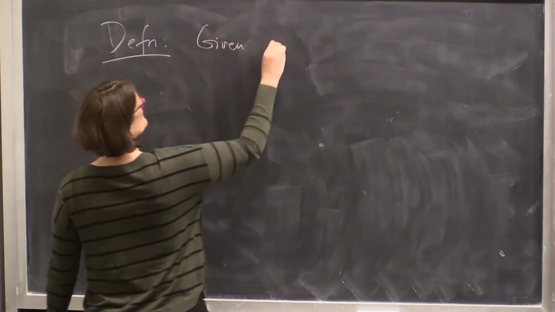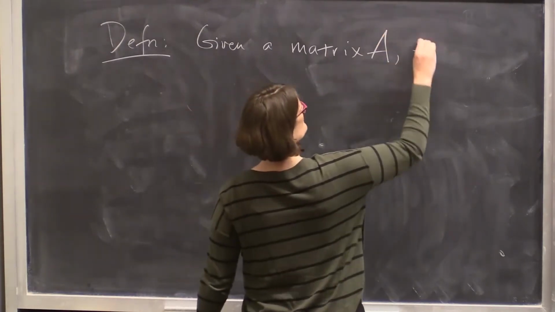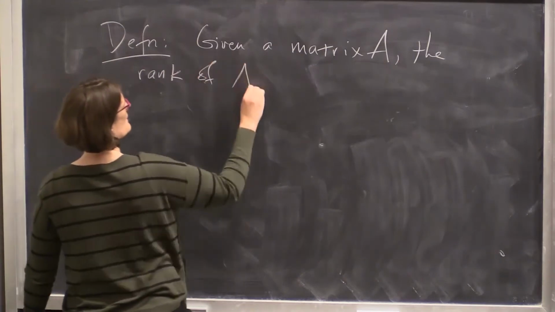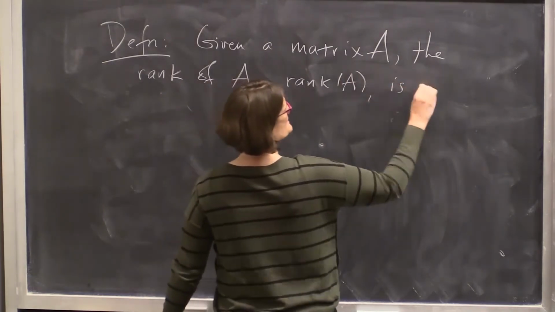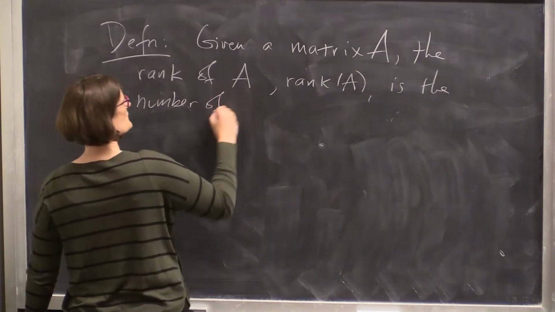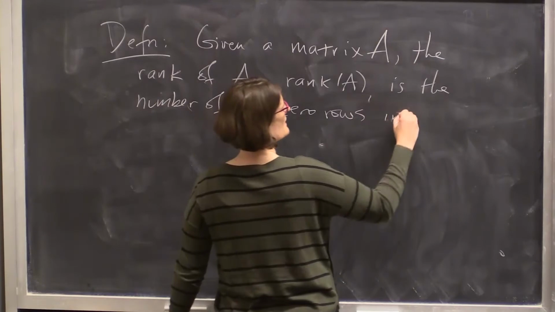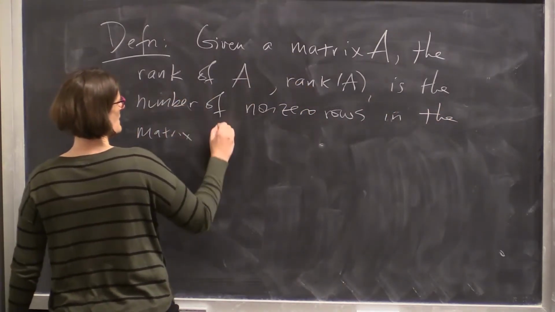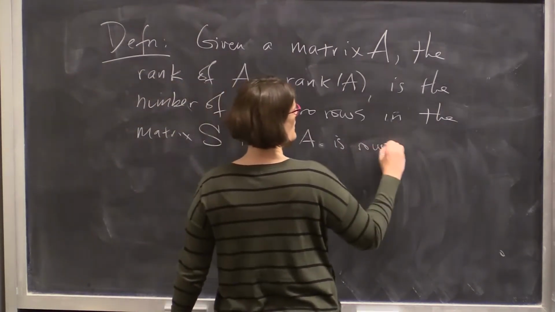Given a matrix A, the rank of A, which is called rank A, is the number of non-zero rows in the matrix S that A is row equivalent to.